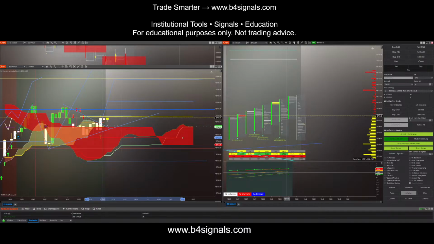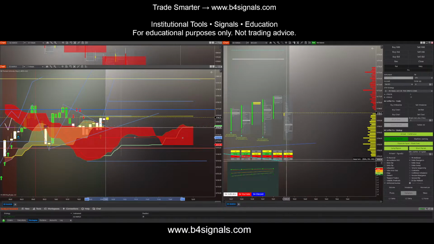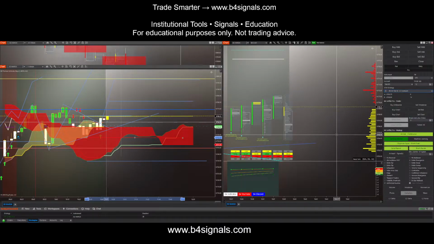Looks like we're going to get some more squeeze activity here. Getting a lot of volume. That's our trigger line right there.